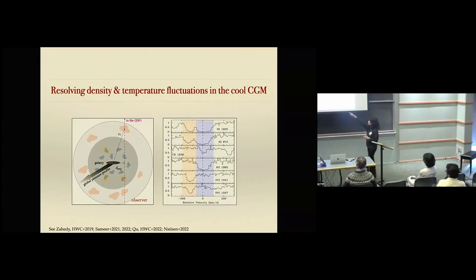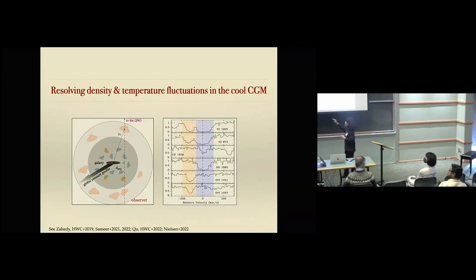So this is the power we have that can help us constrain the density fluctuation. On the left is a cartoon that shows how we can make sense of this kind of fluctuation by doing this kind of projection, because each sightline runs through the entire halo, through a range of radii throughout the halo. One possibility, which is our favorite scenario, is that the highly ionized species lead to low density.